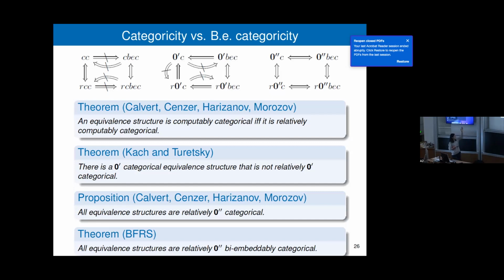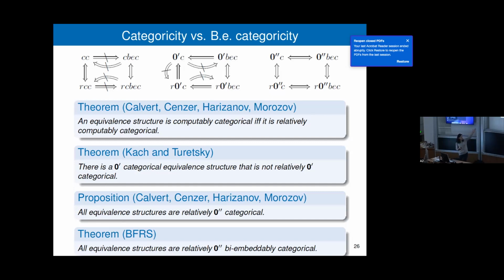We looked at computable categoricity, that is, computable isomorphisms and embeddings, then relative to zero jump and relative to zero double jump. We know that for equivalence structures, they are relatively computably categorical and relatively BE categorical with respect to zero double jump.